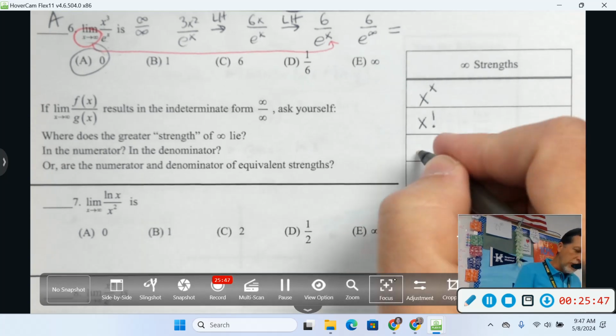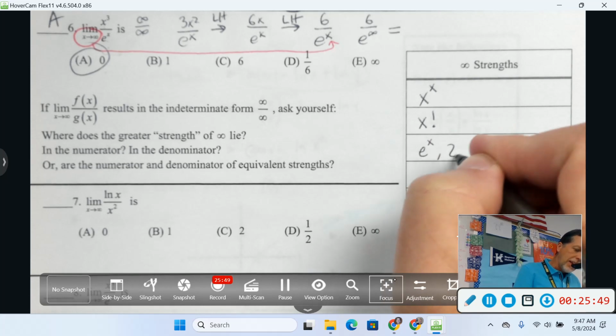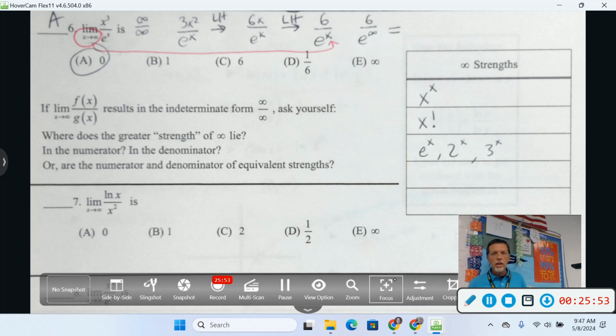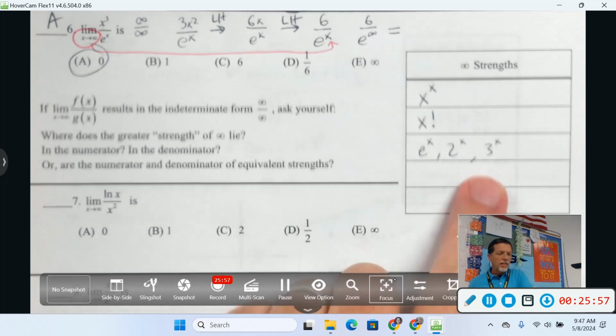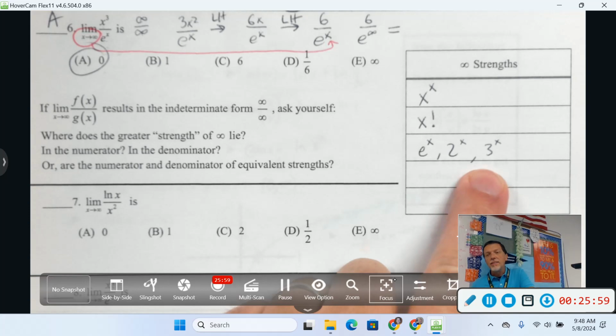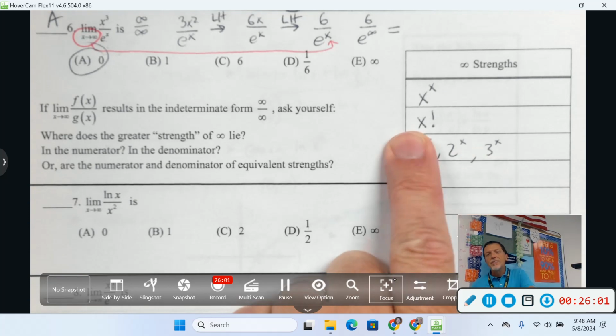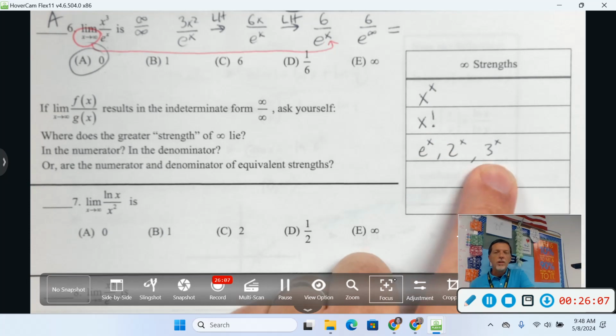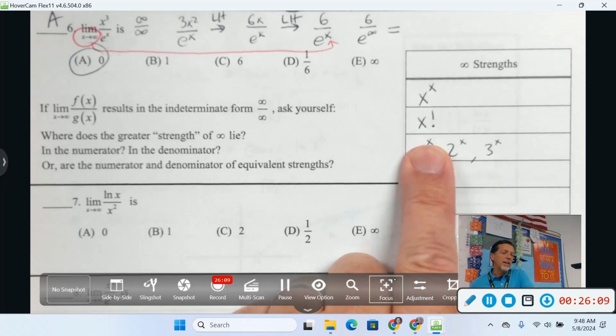Next down the list would be something like e to the x, or 2 to the x, or 3 to the x. Again, think about when x gets to 1,000. That's 1,000 threes. That's a lot, but that's a whole lot less than 1,000 times 999 times 998 times 997. So 1,000 threes is big, but less than factorial.